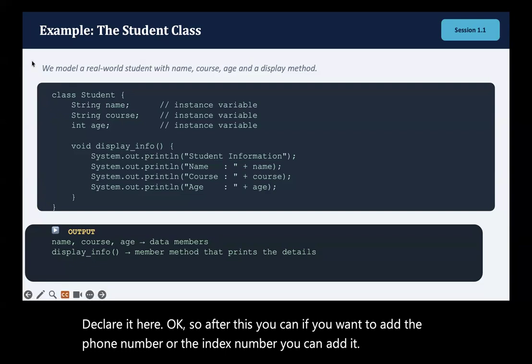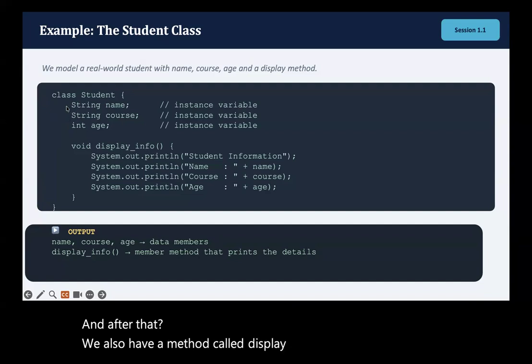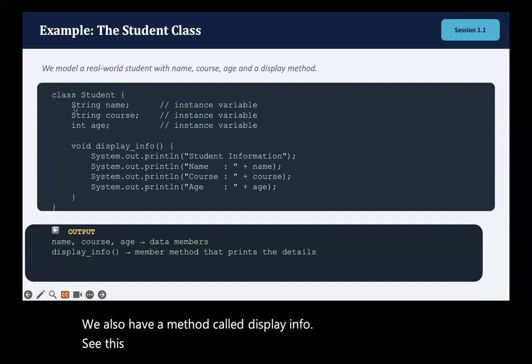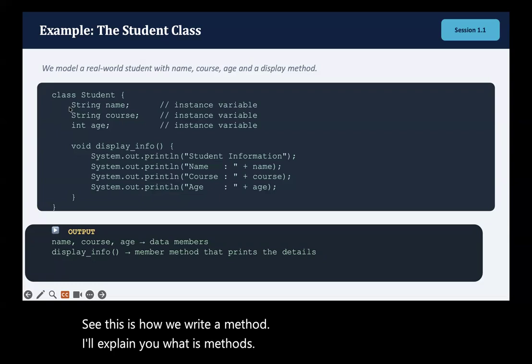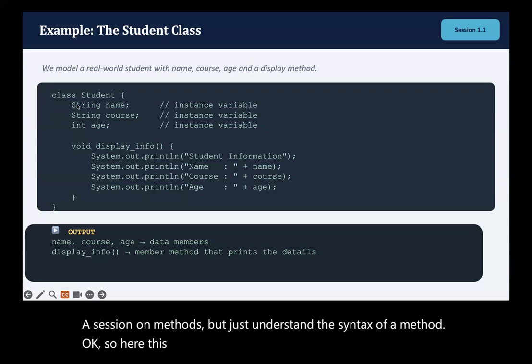After that, we also have a method called display info. This is how we write a method. I'll explain what methods are; we have a session on methods, but for now just understand the syntax of a method. Here, display info is the method name.